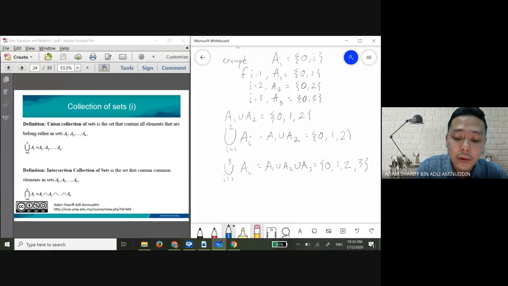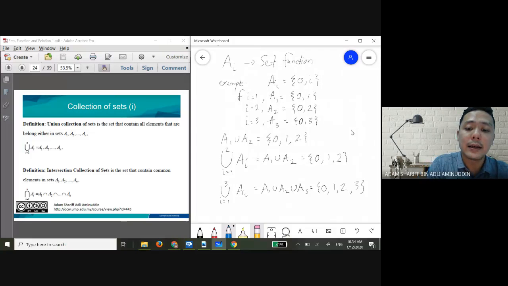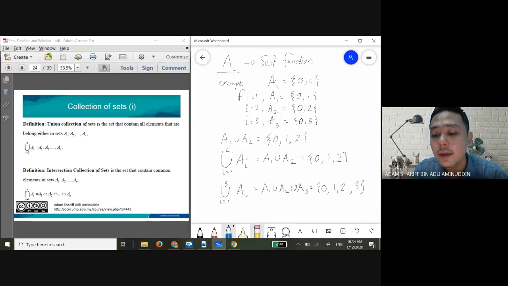So before we proceed with my next point, I would like to reiterate back, this is a set function and each i corresponds to maybe a different set, and this is how we read it.